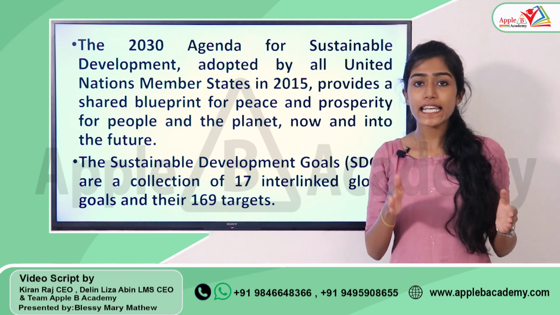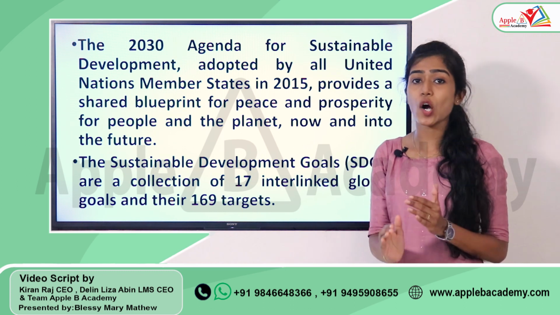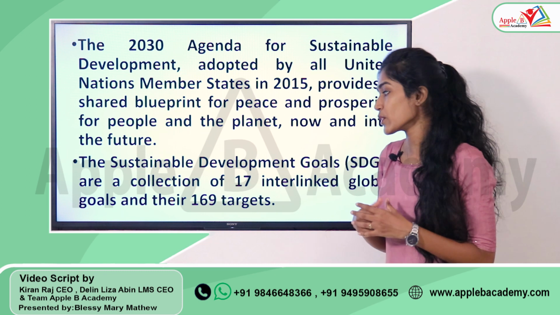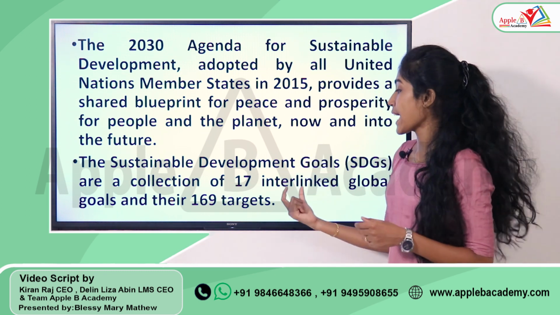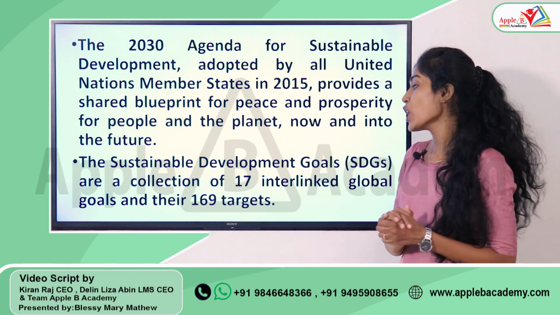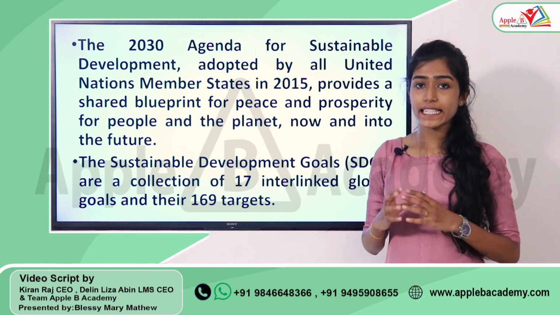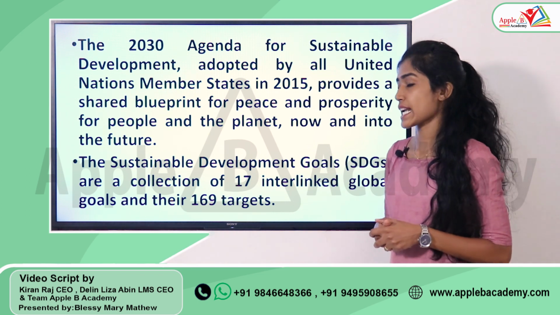Each of these 17 goals has its own targets to fulfill. In total, we have 17 interlinked global goals and a total of 169 targets associated with these 17 main goals. This is the general idea we need to understand the sustainable development goals.